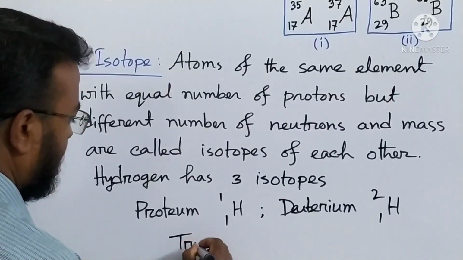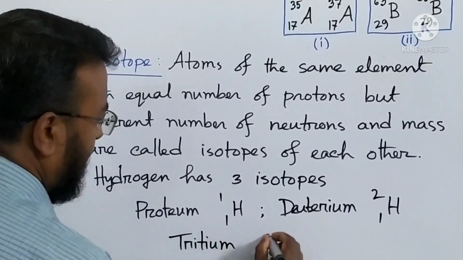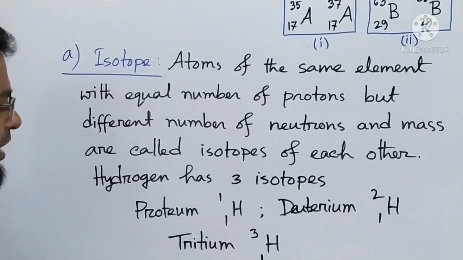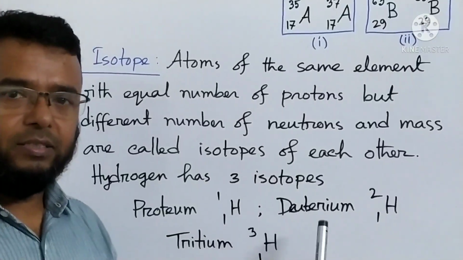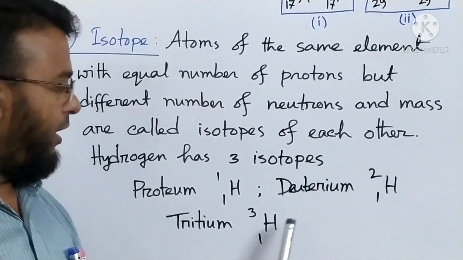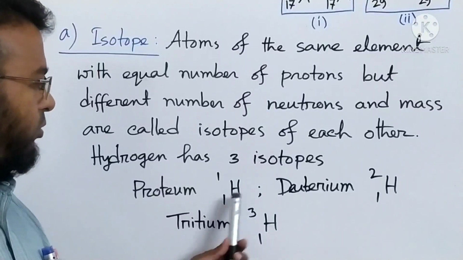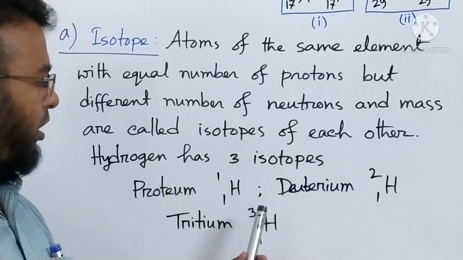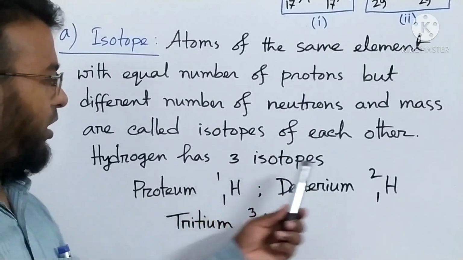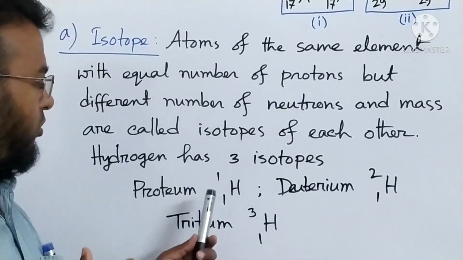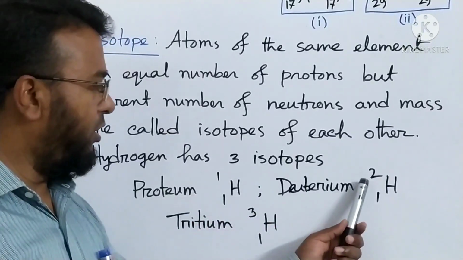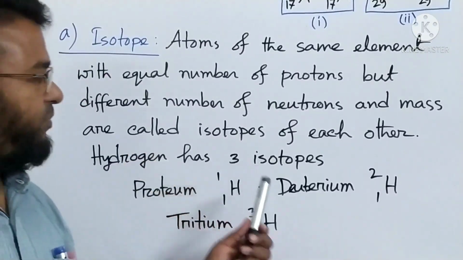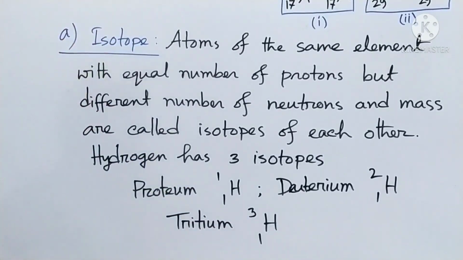Then tritium, it is also hydrogen, atomic number 1, mass number 3. So in the example, in all cases these are the hydrogen element, and the atomic number is 1, 1, 1. So the atomic number, that means proton number, is equal, but their mass number is 1, 2, and 3. So here the neutron number is 0, here 1, here 2. So these are the isotopes of one another.